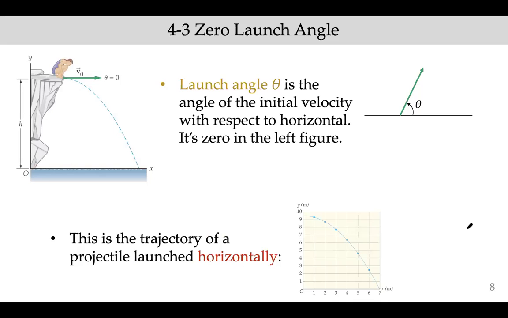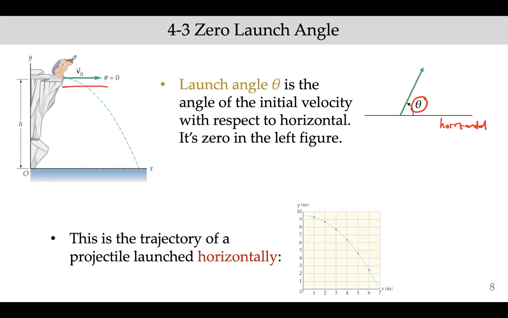Okay, let's move to zero launch angle. The definition of launch angle, theta, is the angle of the initial velocity, it's this angle, with respect to the horizontal. This is the horizontal. So that's called the launch angle. In this example, the launch angle is 0 because it's parallel to the horizontal.